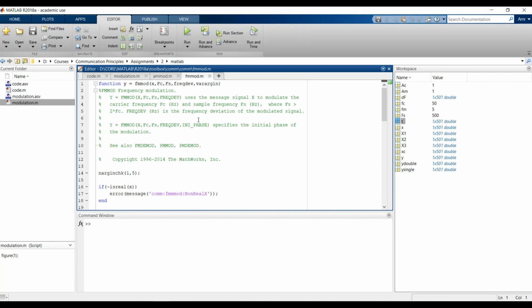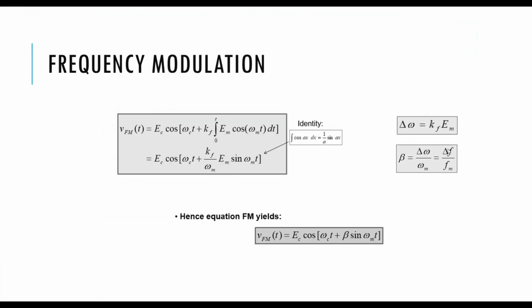For FM mod, we will pass the signal, the carrier frequency, and the sampling frequency, but we also need to pass the frequency deviation of the modulated signal. This one is simply the delta F I mentioned here. Let's assume that our beta is equal to 2.